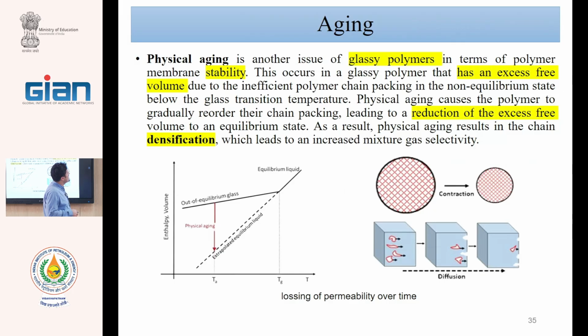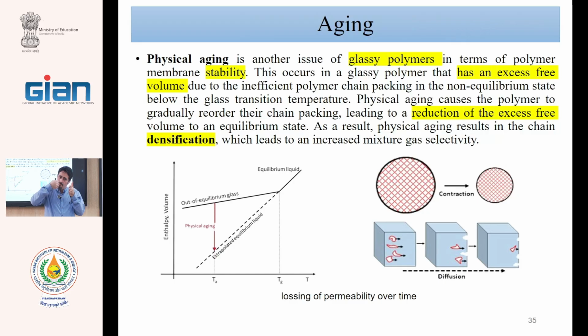And another is aging. In aging, we have a reduction in flux. This is because when we use the polymer as a thin layer and we have a pressure, in gas separation we have in most cases high temperature and high pressure.